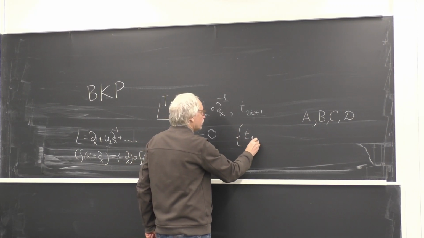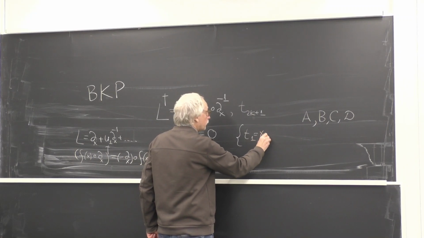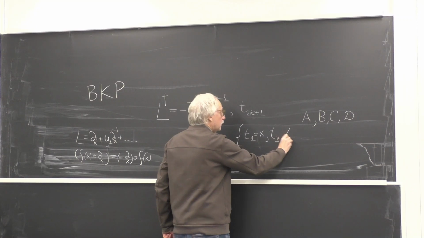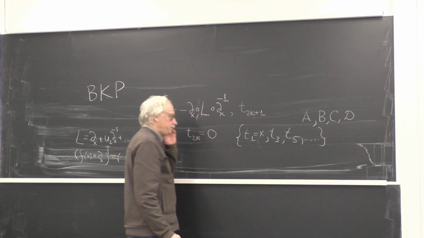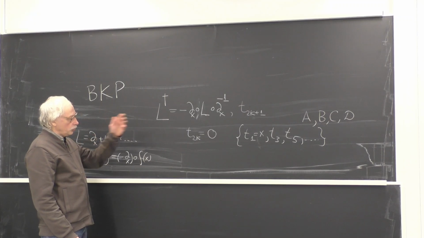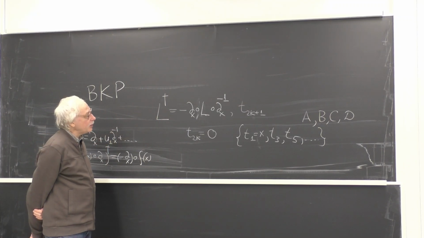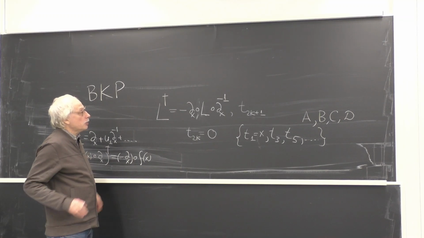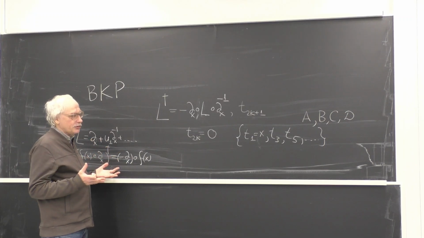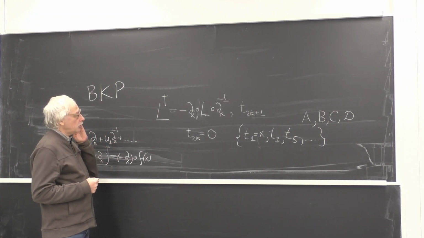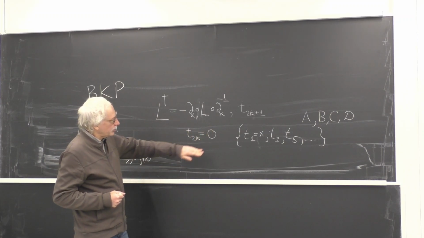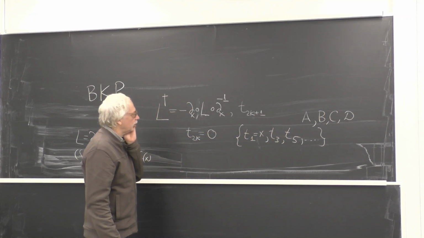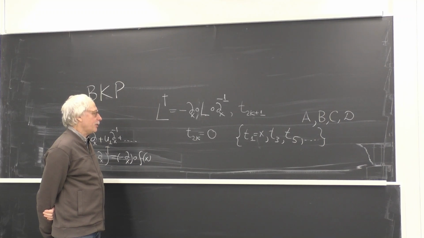So the set of independent variables is T1, T3, T5, and so on. And if you restrict them in this way, then there is a subset of all solutions to the KP hierarchy such that if you fix even times in this way and consider dynamics in odd times, you get a solution of BKP hierarchy.